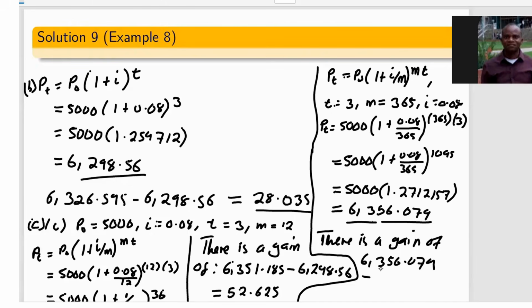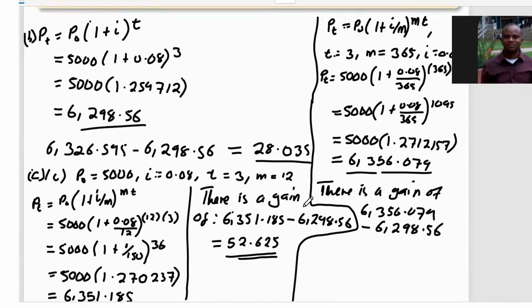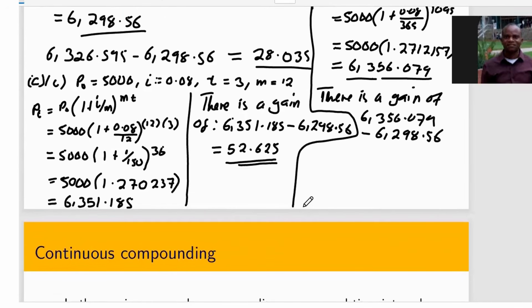The gain is 6,356.079. If I subtract this 6,298.56, which is the gain when interest is compounded annually, let me subtract: 6,356.079 minus 6,298.56.